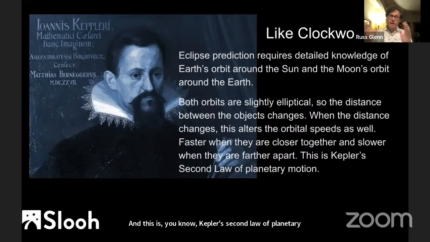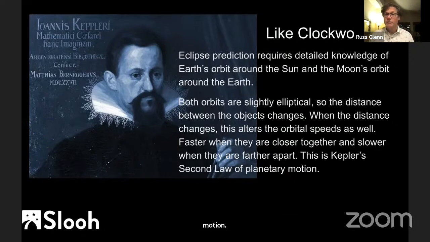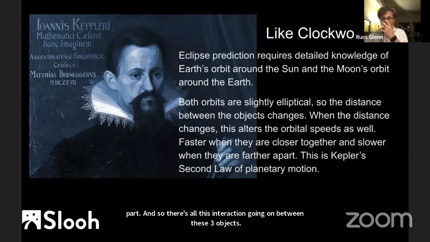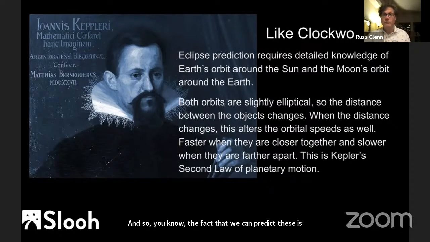As the distance between the objects changes, we get a change in speed or velocity. So the closer they are, the faster they travel, and the farther apart, the slower. And so there's all this interaction going on between these three objects. The fact that we can predict these is pretty amazing, and the fact that we can predict them with such accuracy is astounding.